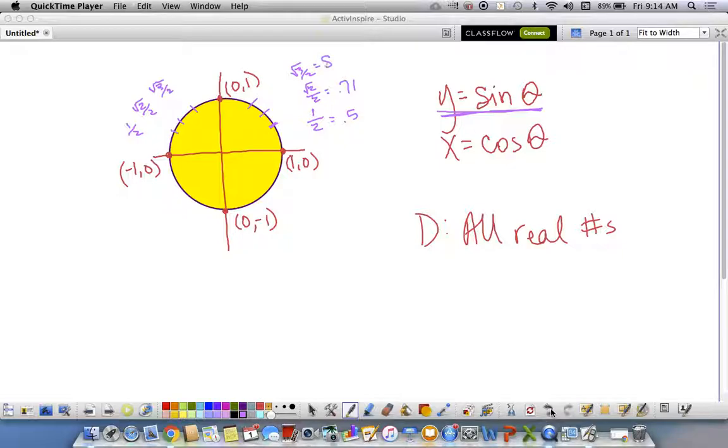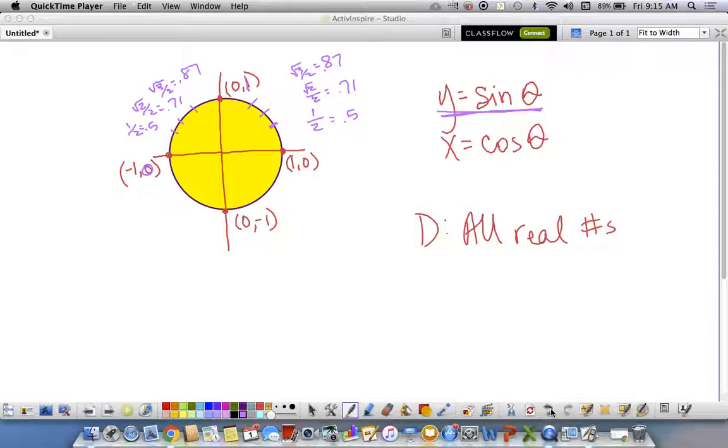We all know they keep going on forever and ever. That's a decimal. Okay? And then we get to 1. And then what happens after 1? It's going back down to 0.87, to 0.71, to 0.5, to what? To 0.